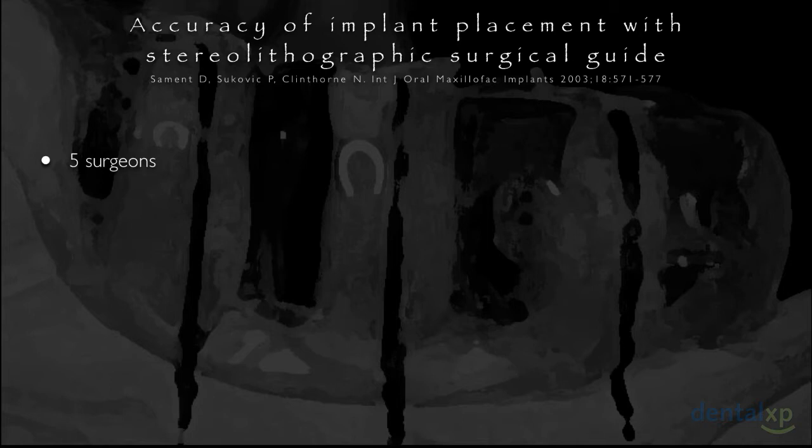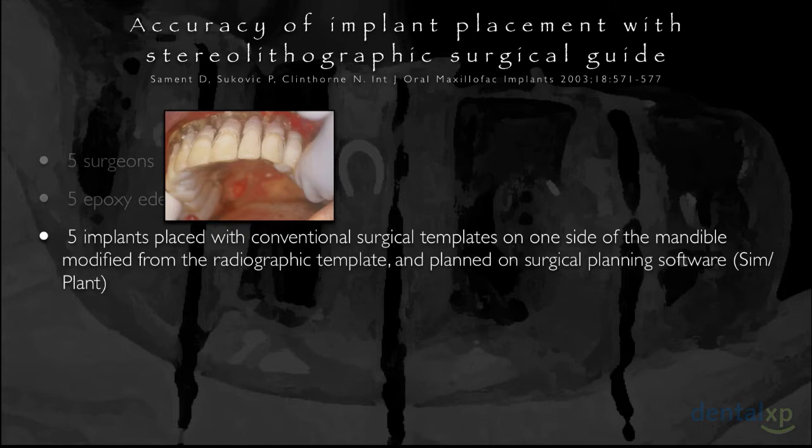He took 5 surgeons, looked at 5 epoxy mandibles. Half of the mandibles they scanned so that we can use traditional radiographic templates, and based upon the planning, drilled in the pilot holes of where we wanted those implants to be placed.